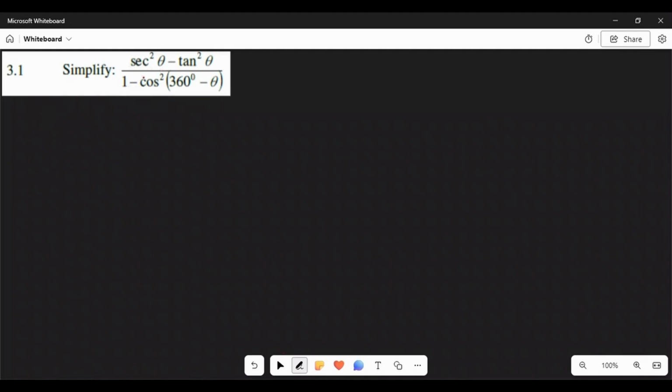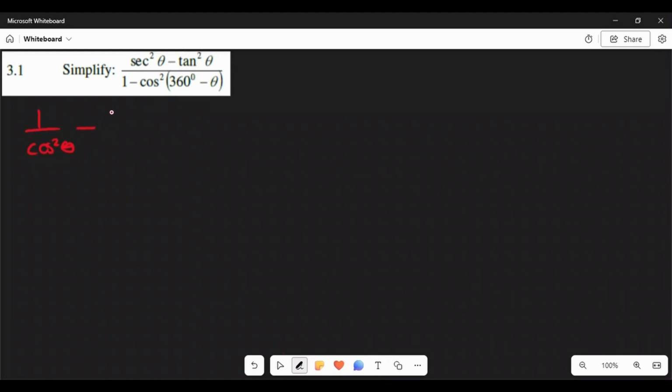So first of all, we'll have to change the identities here and also the inverses. So let's start with the numerator. We know that 1 over cos squared is the same as sec squared, so I use the inverses to change that, and then minus. So on the numerator we have tan squared.